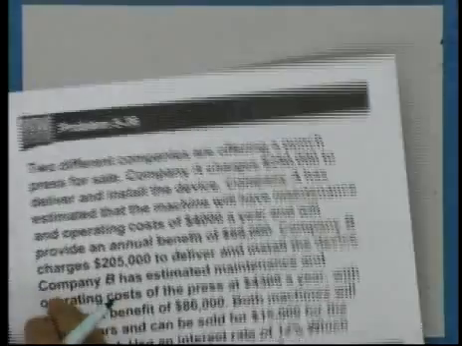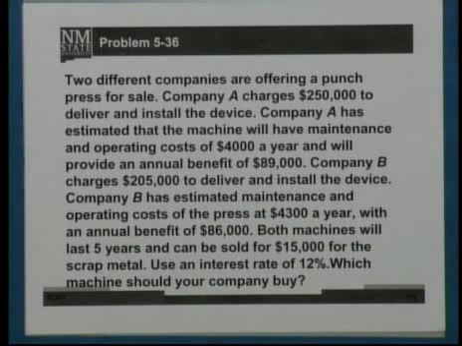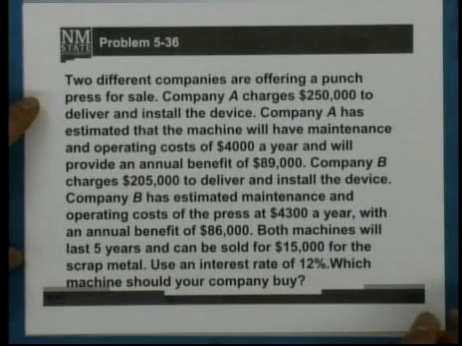Okay. The next problem that we are going to solve is 5-36. Two different companies are offering a punch press for sale.